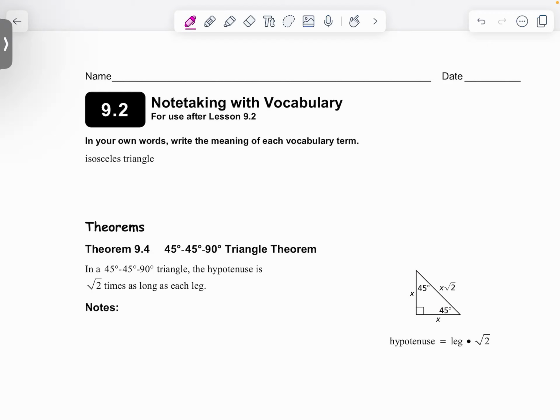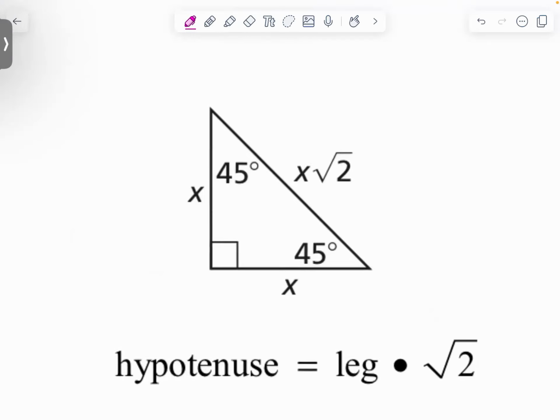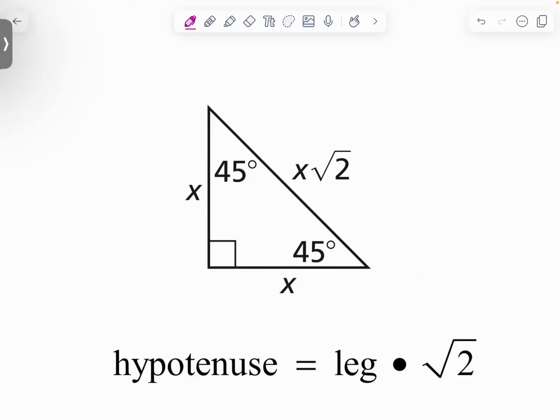Really important. So we have two special right triangles. The first one is a 45, 45, 90 triangle. What kind of triangle is that? Say it. It's an isosceles. So that means whatever the legs are, they're the same.